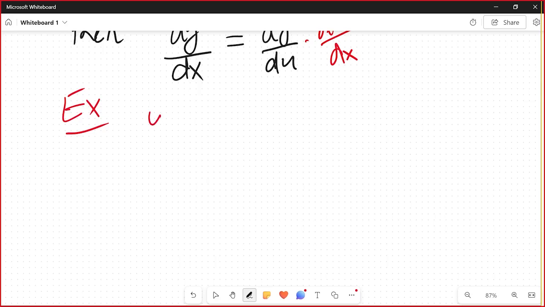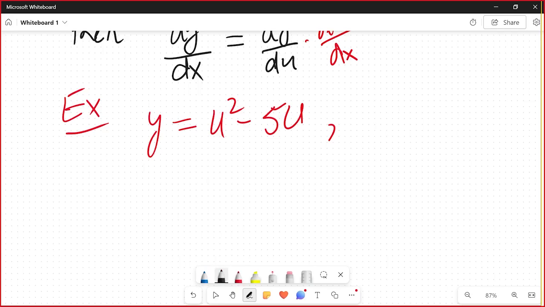I would just do one. y is equal to u squared minus 5u, right? And we are given u is equal to 7x minus 3, right? So first of all, we would do dy upon du.